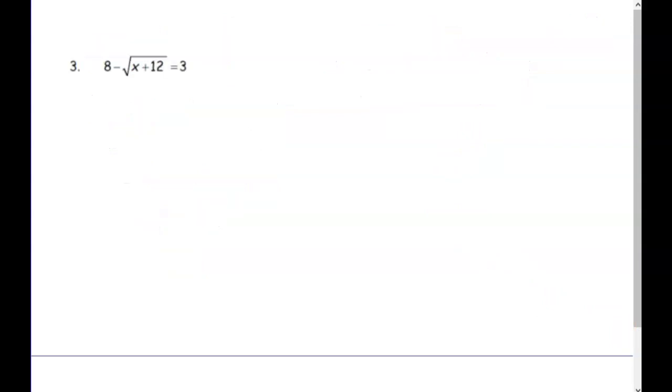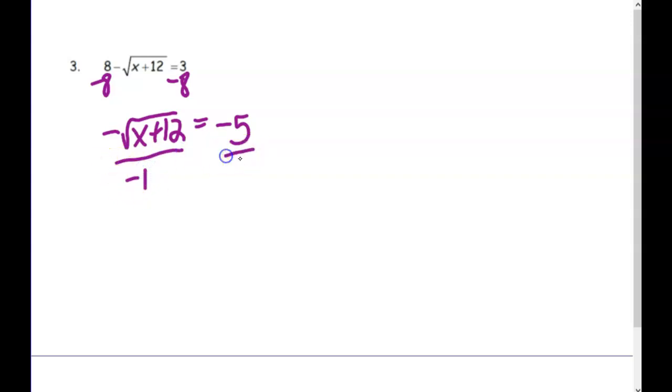All right. One more pretty easy one. Anybody? Subtract 8. Good call. Now be careful though. There's still a negative in front of the radical. Equals 3 minus 8 would be negative 5. Now before we square both sides, you actually probably could square both sides here and it wouldn't matter. But if we divide off that negative 1 that's in front, or change the signs on both sides, we get the square root of x plus 12 equals 5.